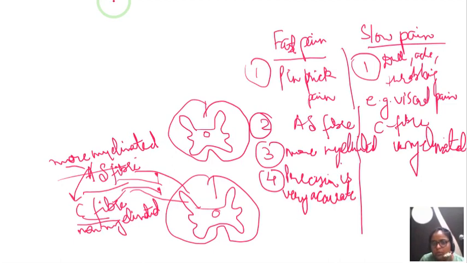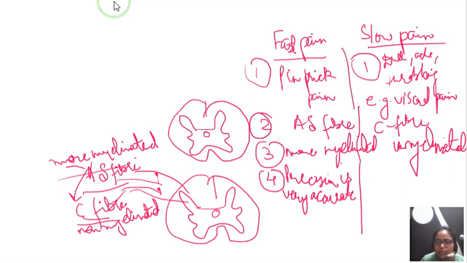If I talk about the slow pain, the precision of the pain is not accurate. If you are having a stomach ache, you can't say that your stomach is aching from this side or that side, or that there is one point where you are getting the trouble. It is a dull or diffuse pain, so you can't say it is one point where you are getting the pain.